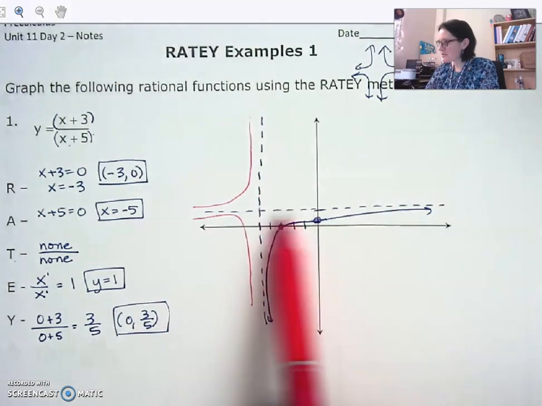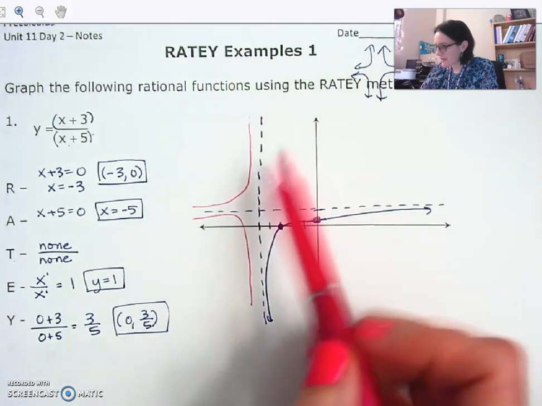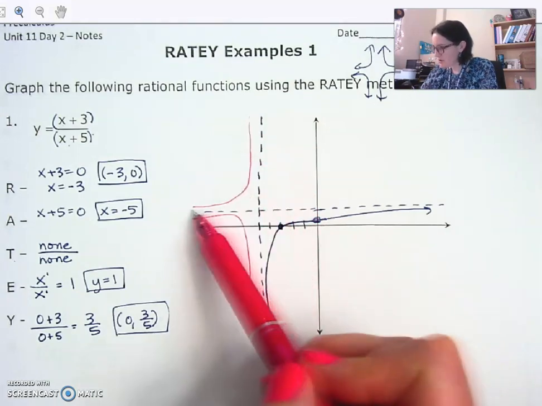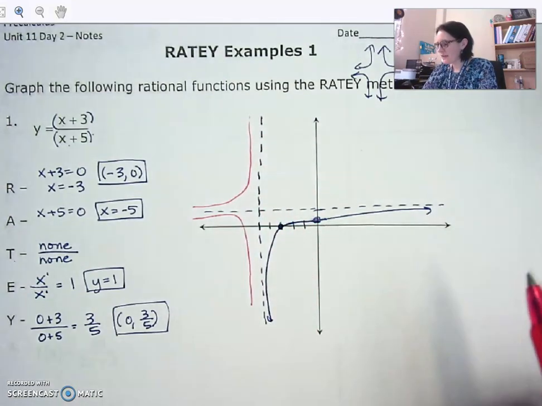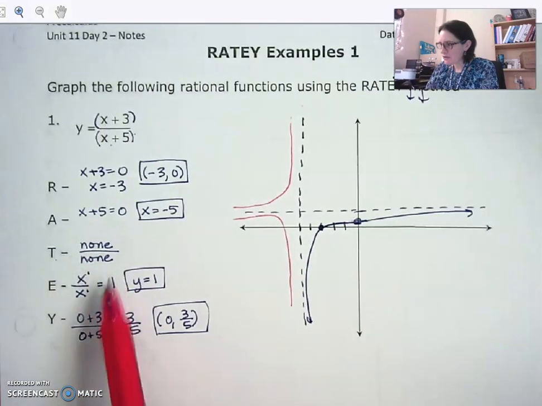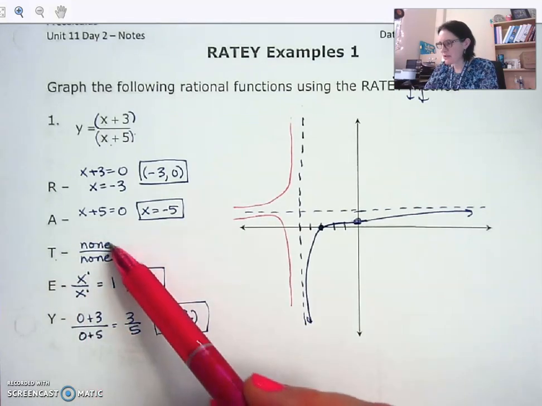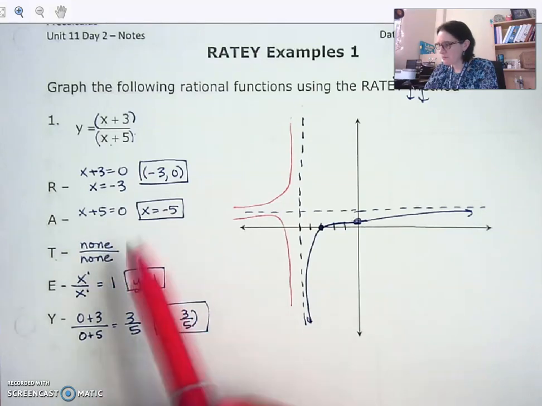So remember, the asymptotes divide this up into different quadrants, and the behavior of the graph can approach it but not cross it. And the way we can decide which of these we need is this T step right here. So the bottom information is telling me the behavior at my vertical asymptotes. The top information tells me the behavior at the roots.